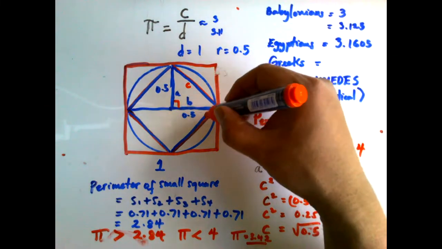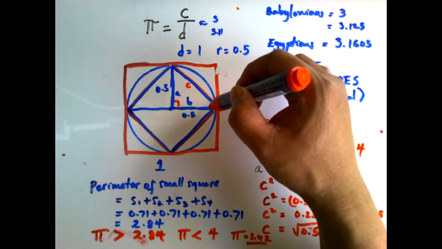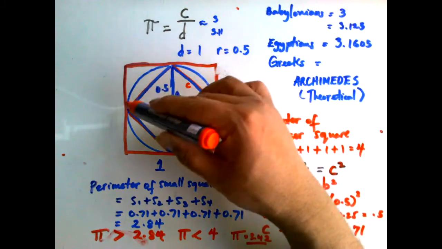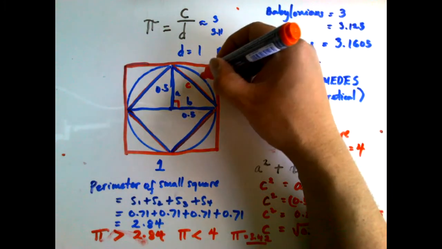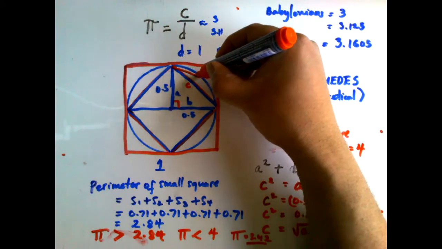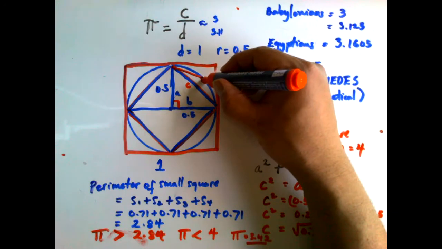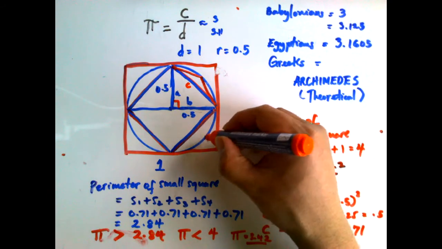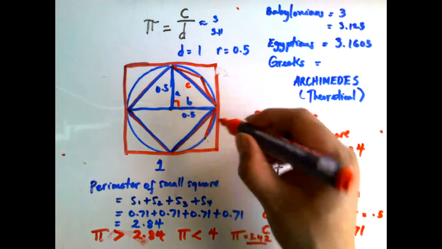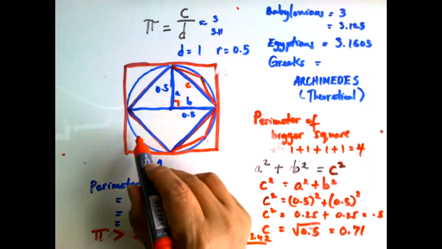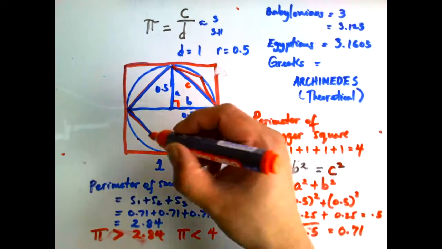What he really did is he didn't only use a square, he inscribed the circle with more sides. Instead of just having 4 sides, he increased it into more sides. So let's say we put more sides into this, and put another side. So he inscribed it with an octagon.